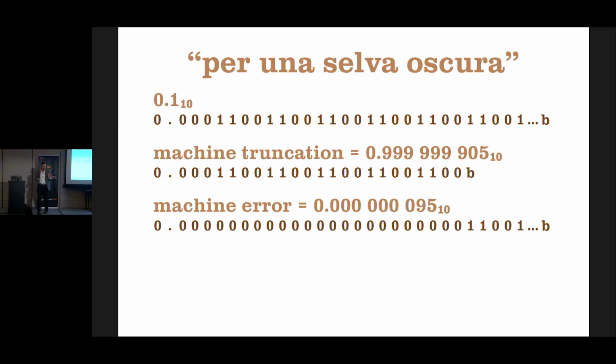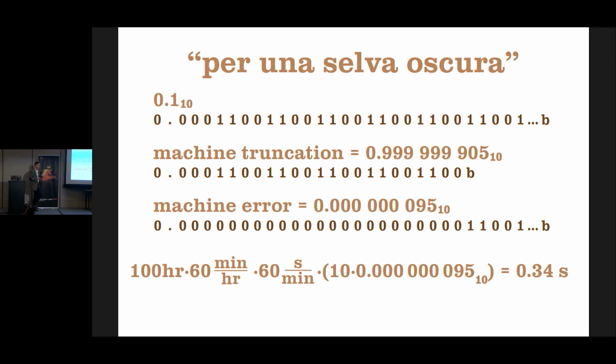This was a late 1980s computer system, which means that the machine truncation for 0.1 was actually 0.999999905, which means we can calculate what the error term was. It's everything that didn't fit in the bit representation that it had there. In practice, what this meant is that if you left the system running for 100 hours, you had an error of 1/3 of a second on the system.